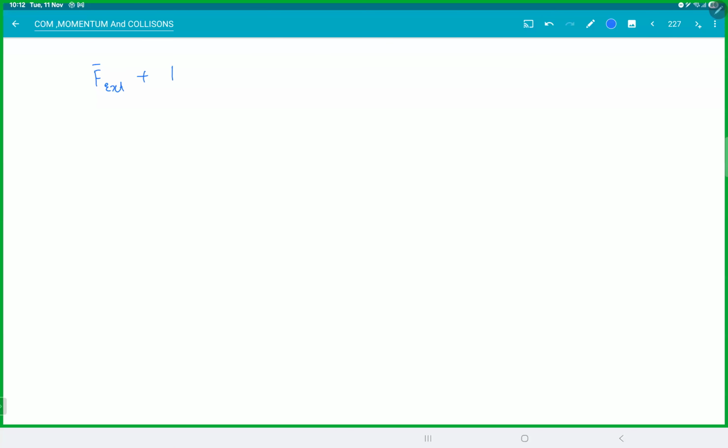F external, because the sand is leaking, there might be a thrust force, we'll see about that, is equal to mass into acceleration. Let's talk about the F thrust first of all.